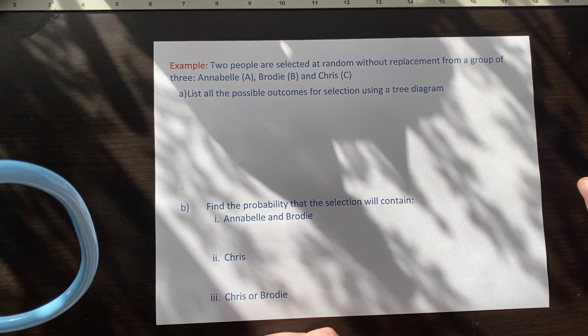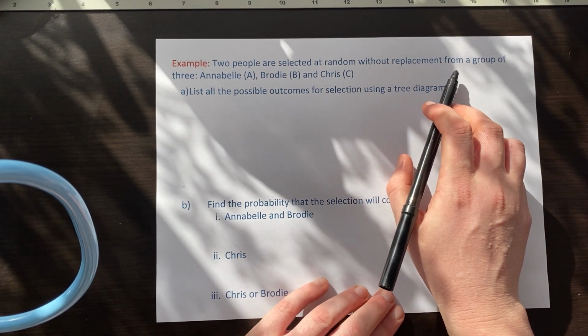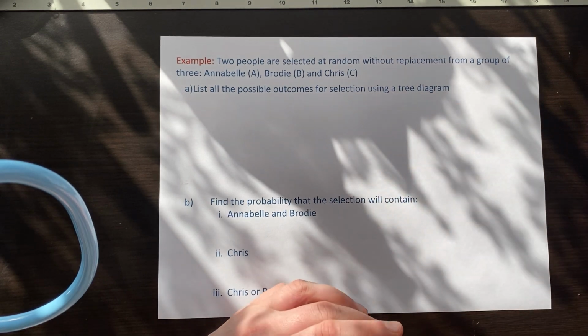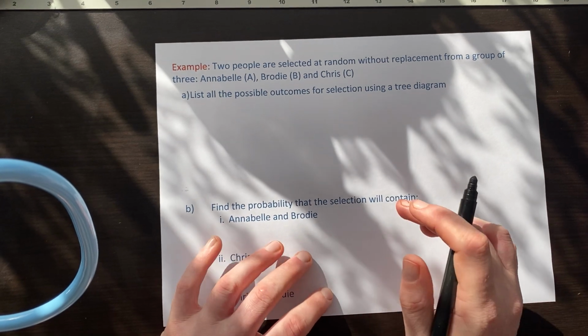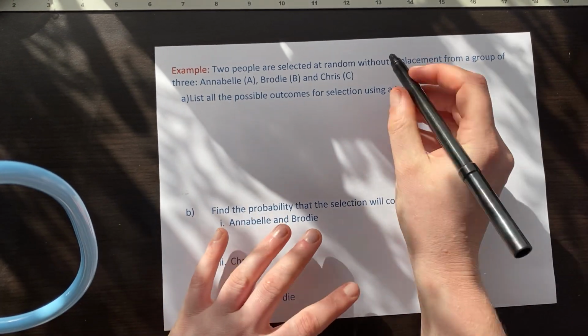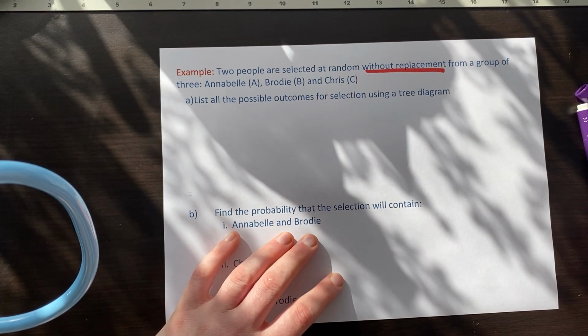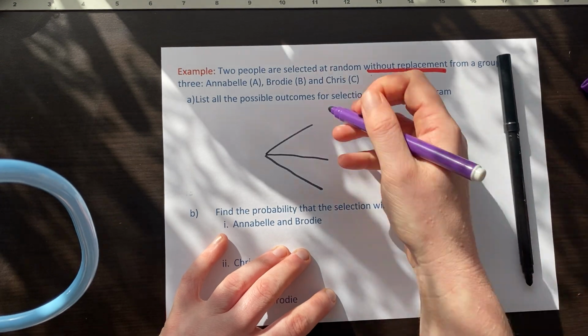We go on to our next example. 2 people are selected at random without replacement from a group of 3: Annabelle, Brody, and Chris. Instead of writing their names out, we're going to go A, B, and C. List all the outcomes. Remember that important without replacement is written there, so once they're selected once, they can't be selected again.